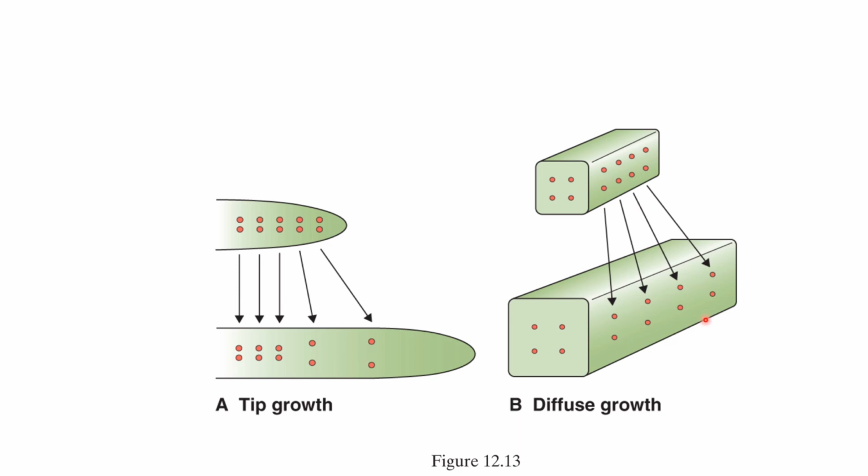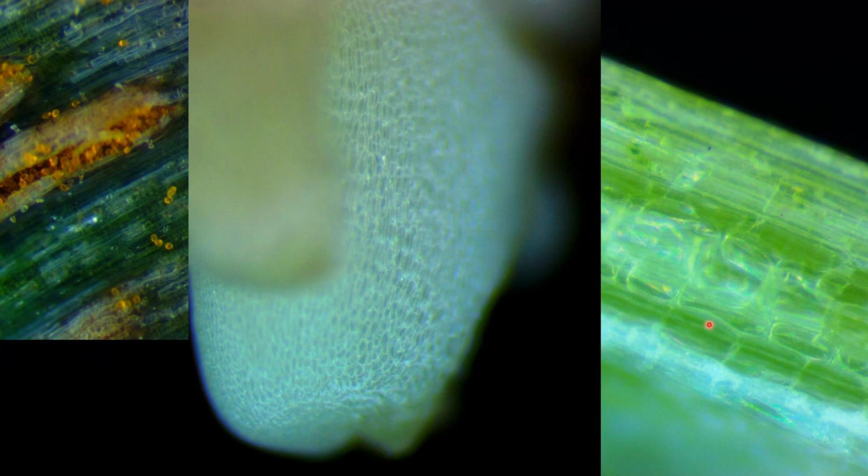The other kind is diffuse growth. In other words, the cells are expanded in specific directions, usually vertically or longitudinally, because the plants grow upwards and roots go downwards, so you want those cells to be growing in specific directions, and they handle that again genetically. But here are some cells.